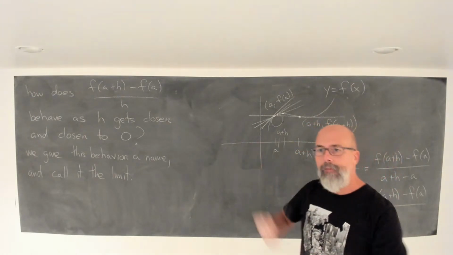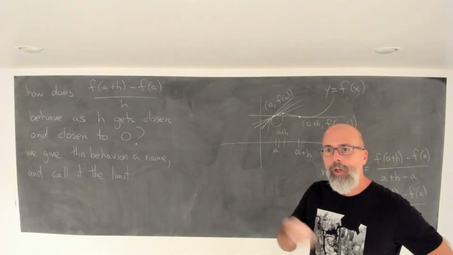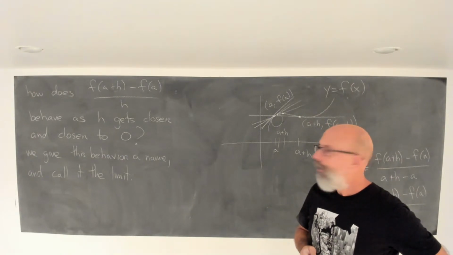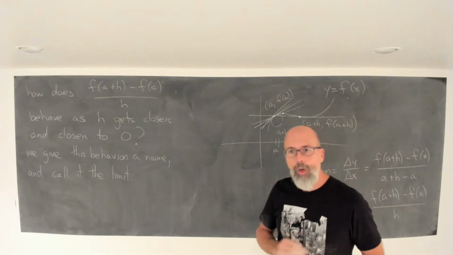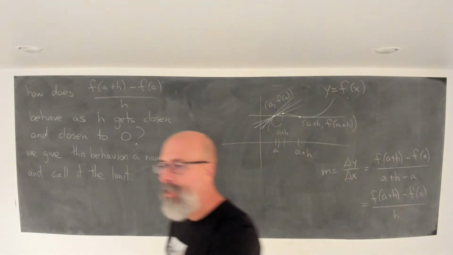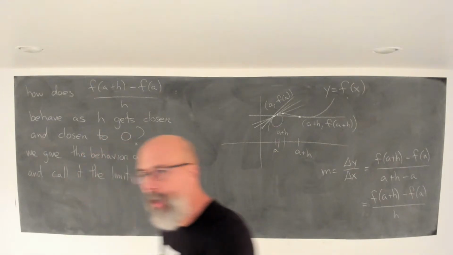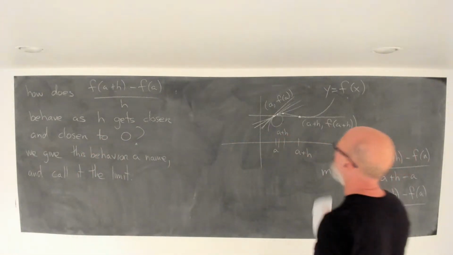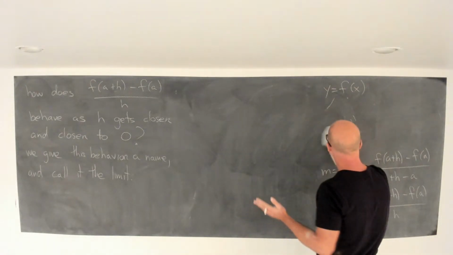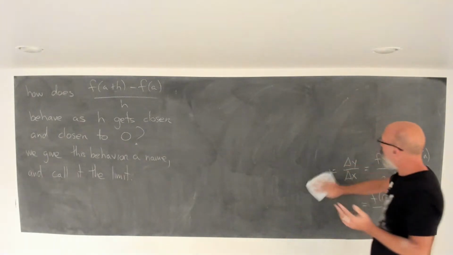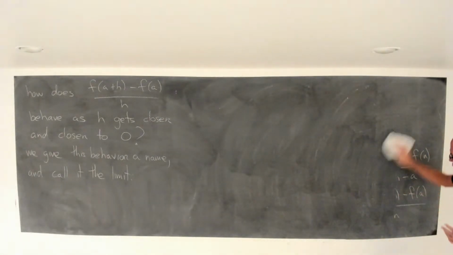Right, so we give this behavior a name, and we call it the limit. And this is what we start off by studying. We're going to study the limit process. The limit is the behavior of the function.